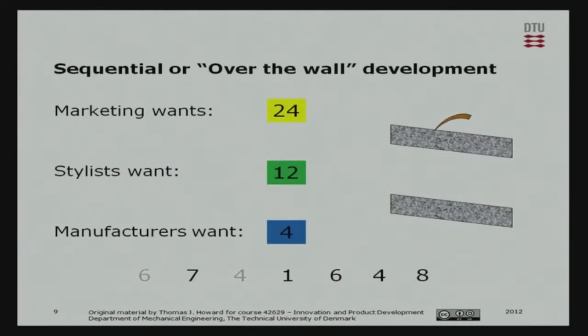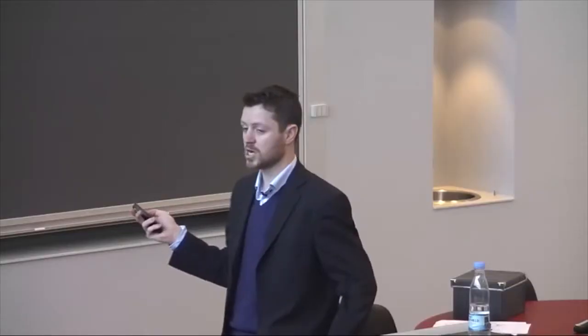They write a specification, use certain numbers, and then pass over the brief to the stylists or the design department, who also have their own goal or target. And they use up a set of other resources and commit another set of constraints and pass it over to the manufacturers and say, this is exactly the product we want. And quite often, the product that they pass over can't be made, or it can be made but with some inefficiencies.